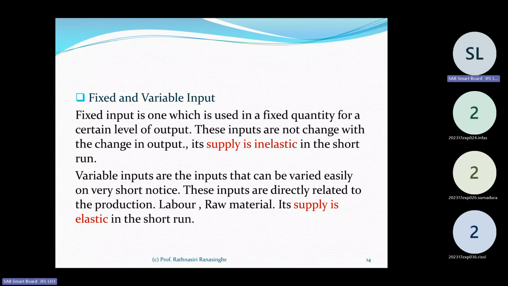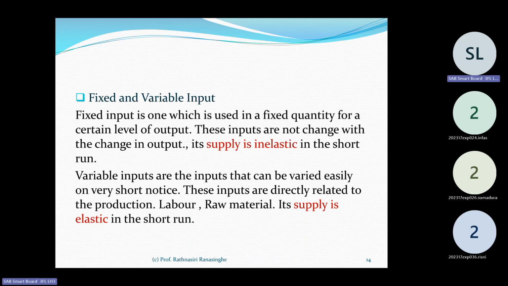That increases the output level because the total maximum capacity is 10 workers. Likewise, we can increase the labor inputs until it reaches the maximum level, and we can decide how much we can produce, the maximum possible. If we incorporate more labor, then it changes, right?